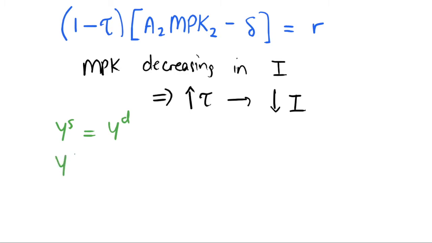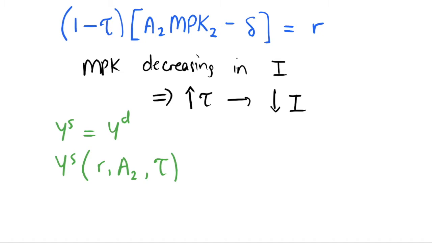And we have seen from previous videos that our aggregate supply is dependent on the interest rate and on our productivity parameter in period 2. I won't derive this result, it's in our goods market equilibrium video. And now this supply is also going to depend on our capital gains tax rate tau.